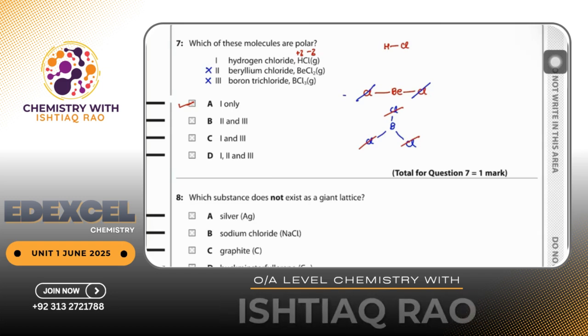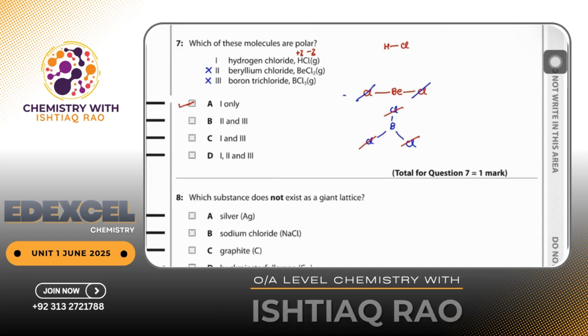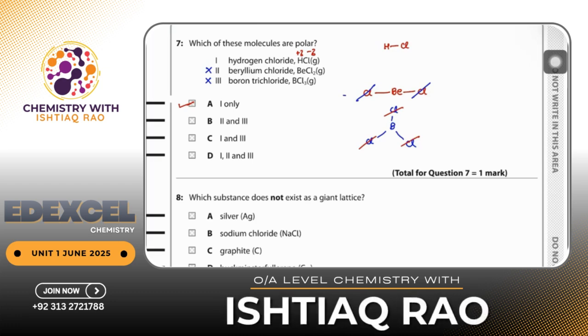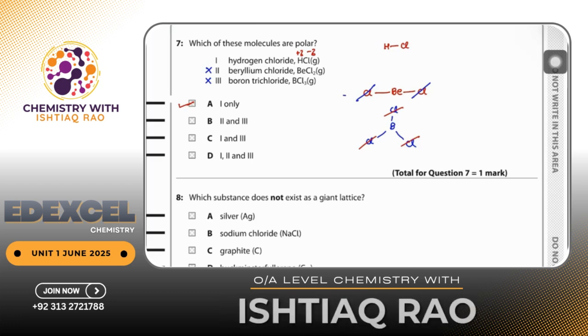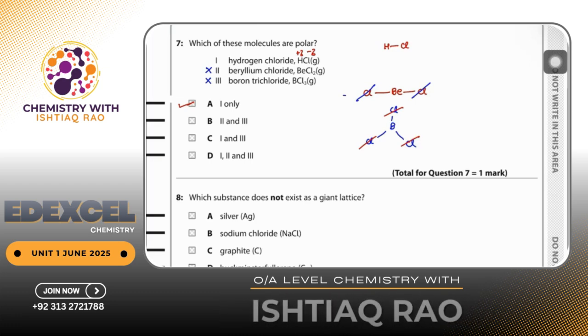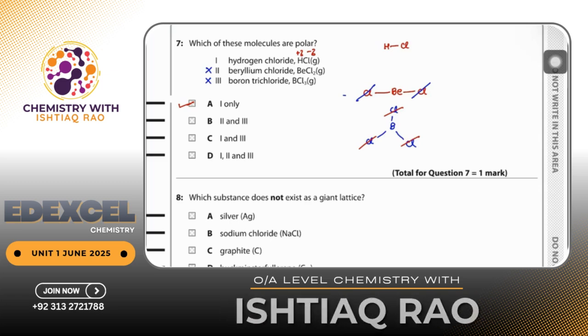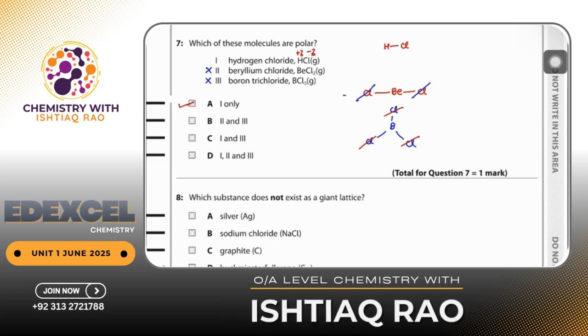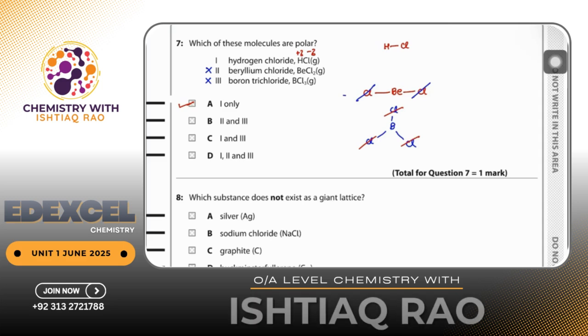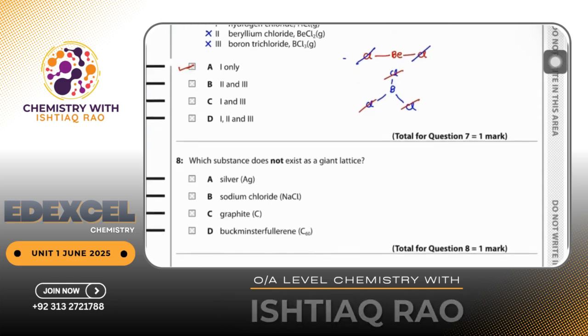So whenever the examiner asks about polarity, after drawing the structure you have to see whether the compound is symmetrical or unsymmetrical. That's why option A is correct, in which only HCl is polar.